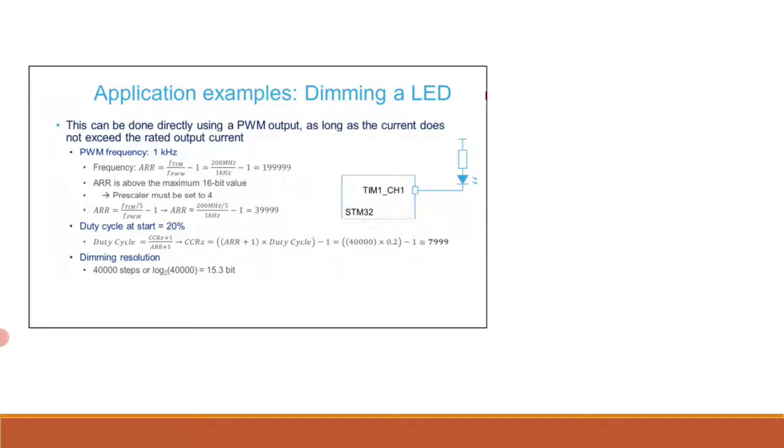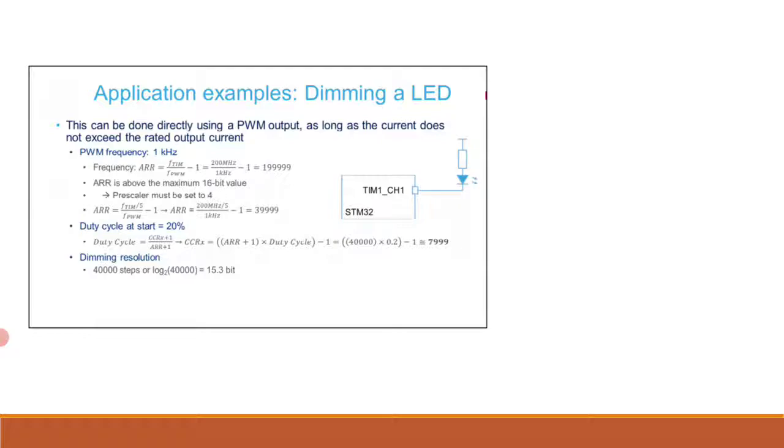The timer prescaler must be set to 4 to have the timer operating at 40 MHz, and this results in a valid value of 39999 for the ARR register. The second step consists of computing the compare register value to have a 20% duty cycle.